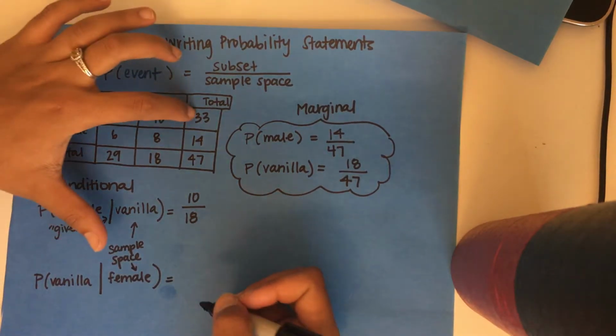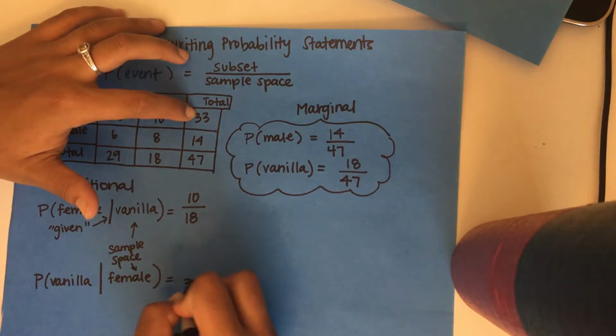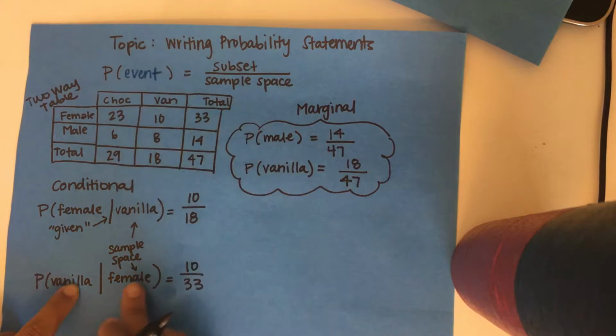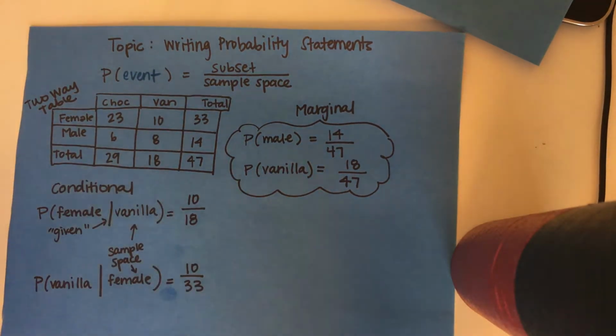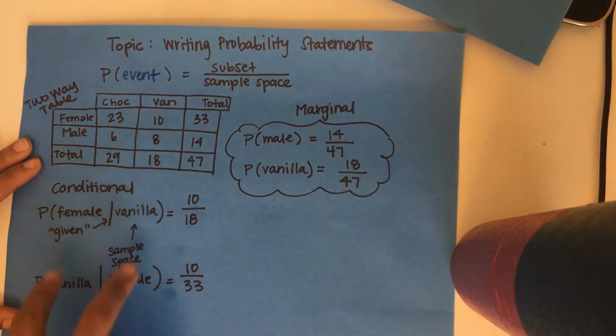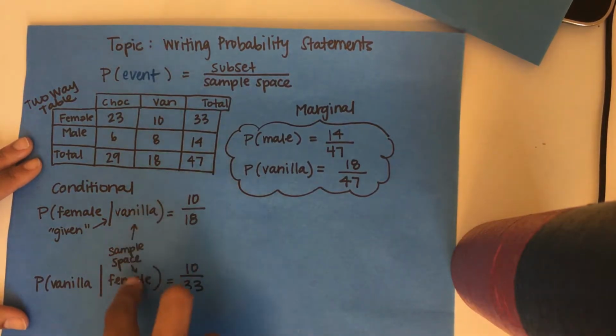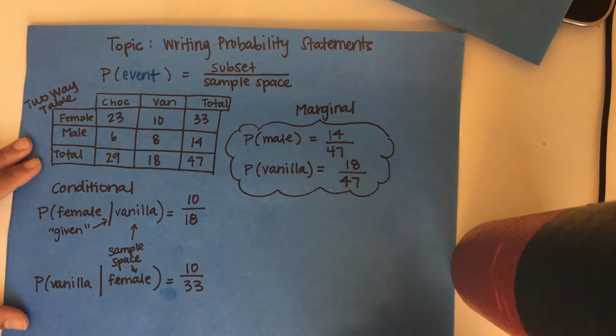So we look and we see that there are 33 females, and 10 of them are both female and like vanilla. Now, there's a huge difference between these two probability statements, though they look the same. Though they have the same events, these events are in a different order, so we are now considering the sample space to be different.